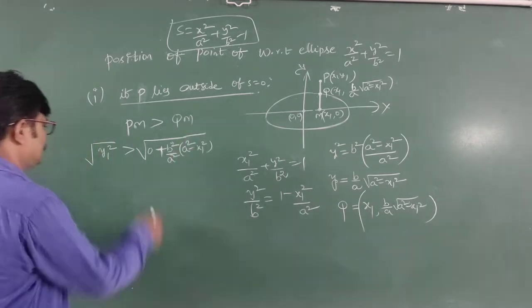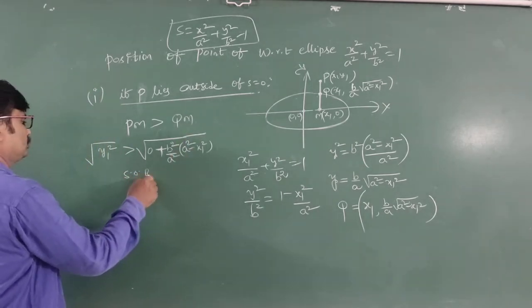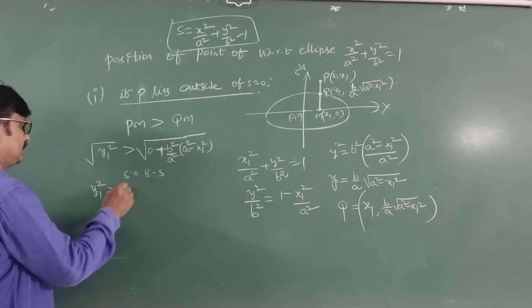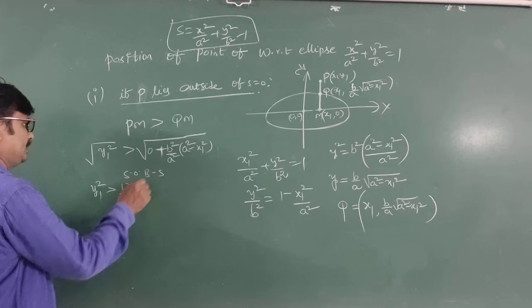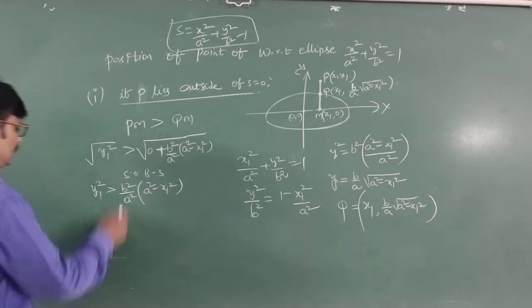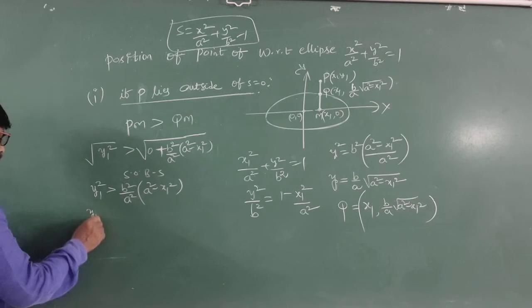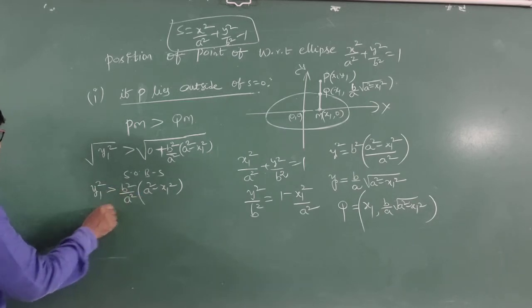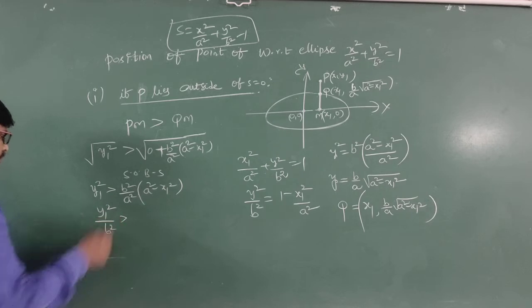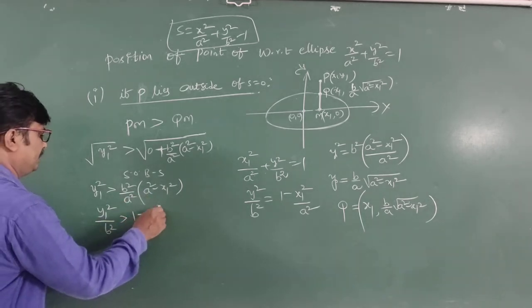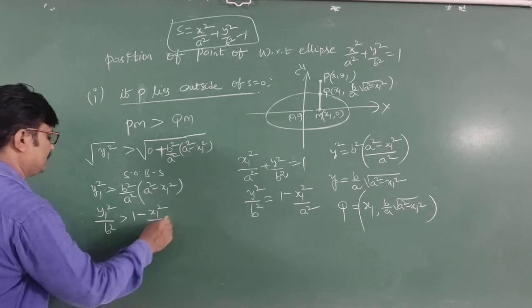My dear students, squaring on both sides, this is what? y1 square is greater than b square by a square into (a square minus x1 square). Now students, y1 square by b square is what? y1 square by b square is greater than a square by a square, which is 1 minus x1 square by a square.